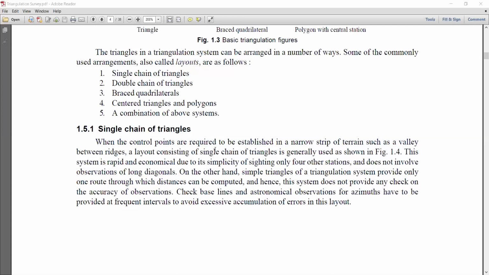Check baselines and astronomical observations for azimuth have to be provided at frequent intervals to avoid excessive accumulation of error. During the observation, only a small number of azimuth observations can be done, to avoid errors here. This is how, by using single triangles, a single chain can be framed.